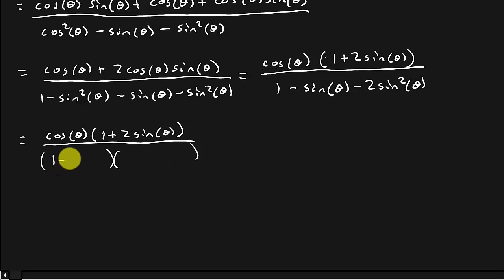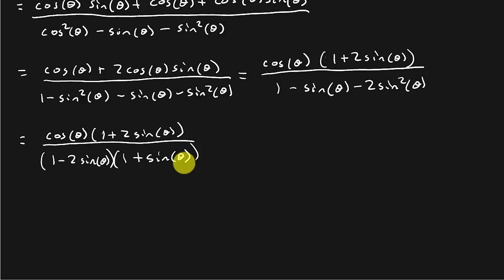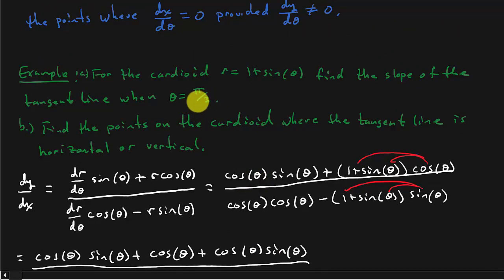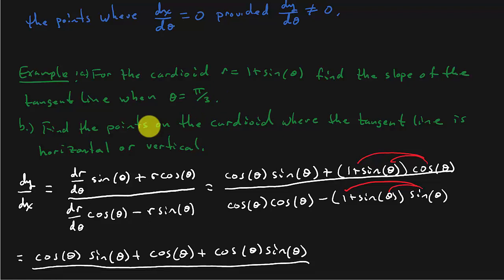That's going to be what? 1 minus 2 sine theta times 1 plus sine theta. Factor it out like that. All right. Now I'm ready to evaluate this thing at what? At pi over 3. So I'm going to plug the pi over 3 in for theta and simplify it and see what I get, because I'm looking for the slope of the tangent line.